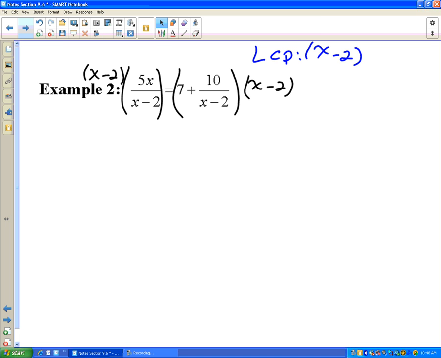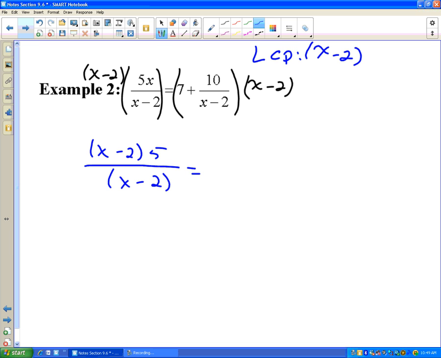On the left side, you get x minus 2 times 5 over x minus 2. On the right side, I'm getting 7. Don't forget to distribute. Could you FOIL this? Yes, you could. I'm going to just distribute the x minus 2 all the way in.